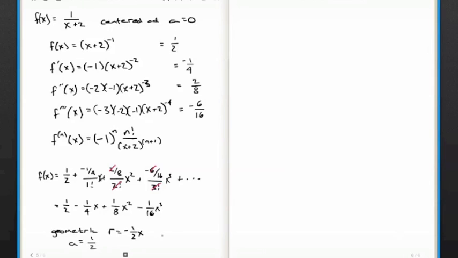So my sum equals, I'm going to write it up here. So this stuff leads me to believe it. Up here it goes to 1/2 over 1 minus negative 1/2 x.